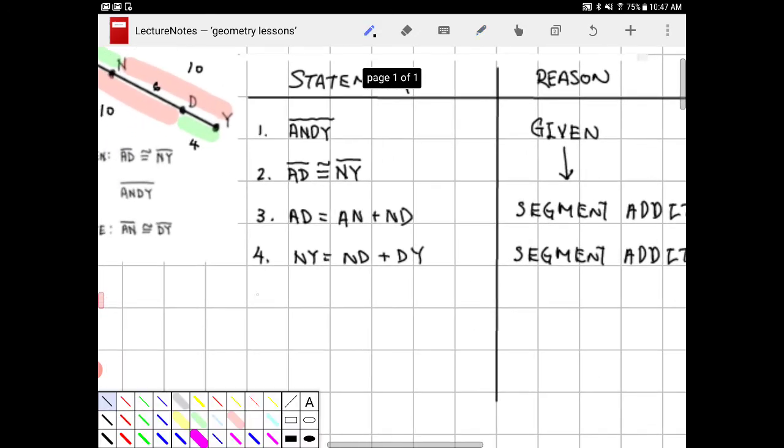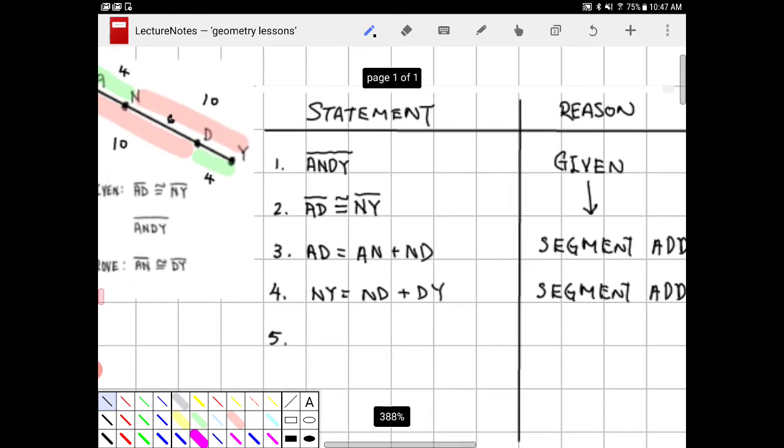If I take this information now, and let's check this out. If I have AD is equal to this, and NY is equal to this. But wait a minute. I'm going to use a different color here. But wait a minute. What was AD equivalent to again? Oh yeah, AD is equivalent to NY. So what I can do then is I can perform a substitution.